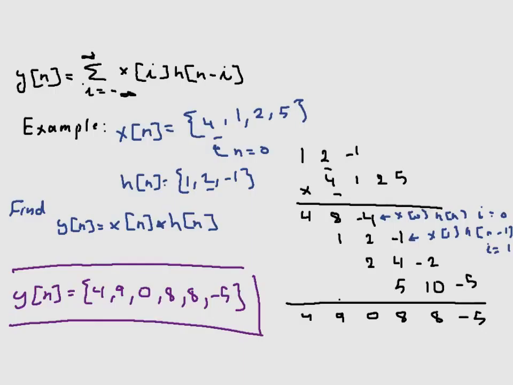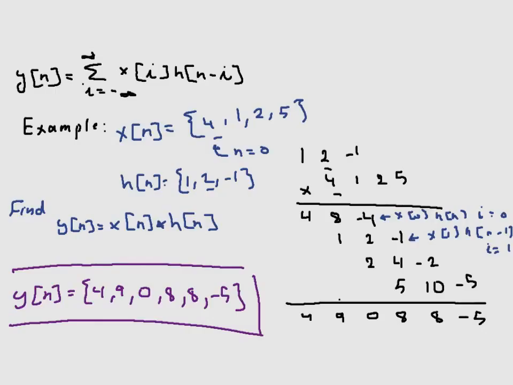We do the same thing here. 1 times 1 equals 1, 1 times 2 equals 2, 1 times negative 1 equals negative 1. This corresponds to x[1] times the shifted version of the impulse response.